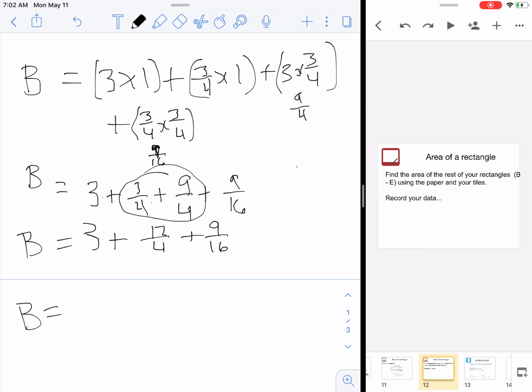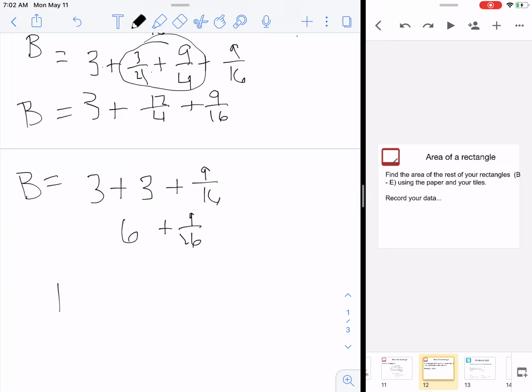Okay. But 12/4 there, now we can turn that into a whole. So 3 plus 12/4 equals what? 4 goes into 12 how many times? 3 times. So 3 plus 3 plus 9/16. 3 plus 3 is 6 plus 9/16, which gives us B with an area of 6 and 9/16 units squared.